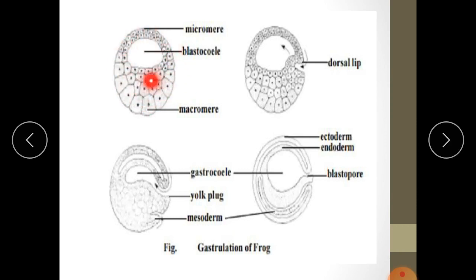As the blastula transforms into the gastrula, these cells move from one place to another and arrange themselves into different layers, germinal layers. The three primary germinal layers are ectoderm, endoderm, mesoderm, from which all the organs, tissues, and organ systems of the animal are developed.